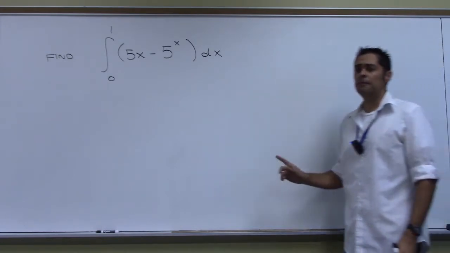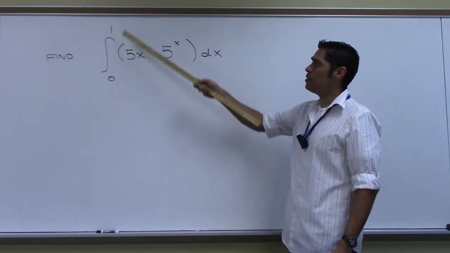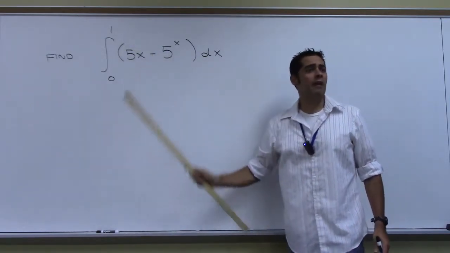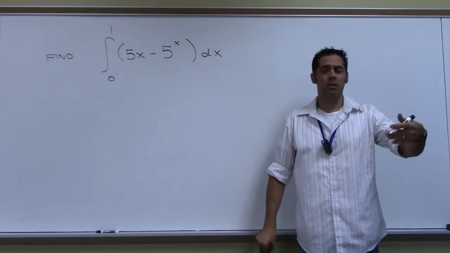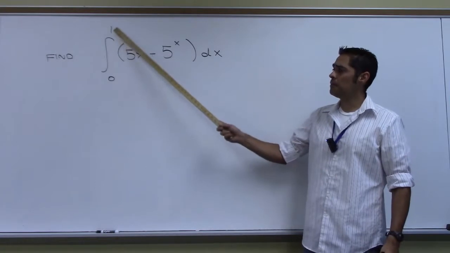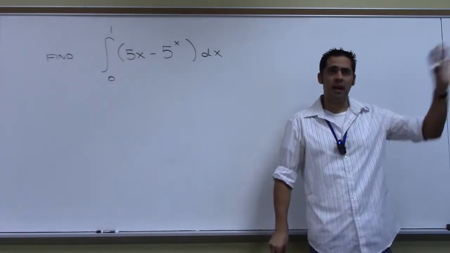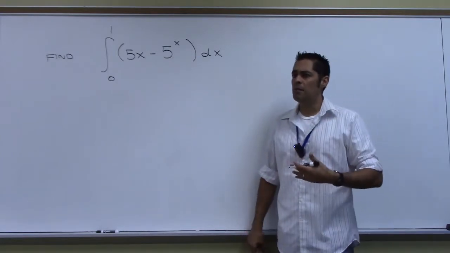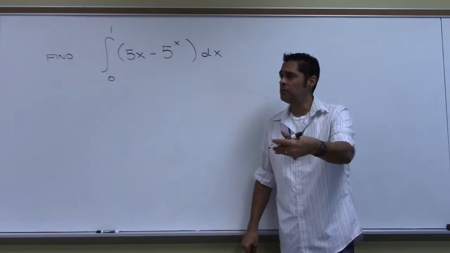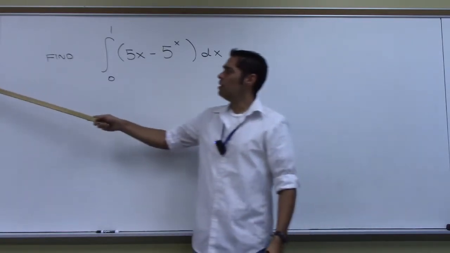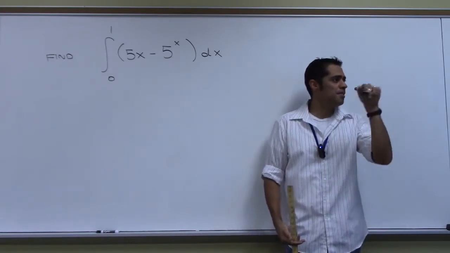Now, when we were doing integration before, we didn't have these numbers, right? And when you don't have those numbers, it's called an indefinite integral. When you have numbers, then it's called the definite integral. And I did refer to that last class. Do you understand why we would call it the definite integral? Because we should get some numerical answer, as opposed to when these numbers weren't there, our answer had a plus c in it, right?